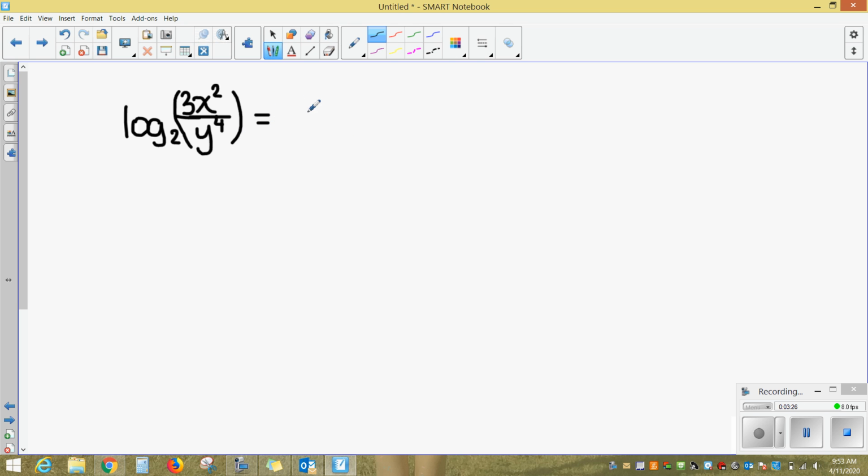When we start and we want to split it apart, if you have a quotient, if you have a fraction, that's the first thing that we want to take care of. So we have log of the top minus log of the bottom.